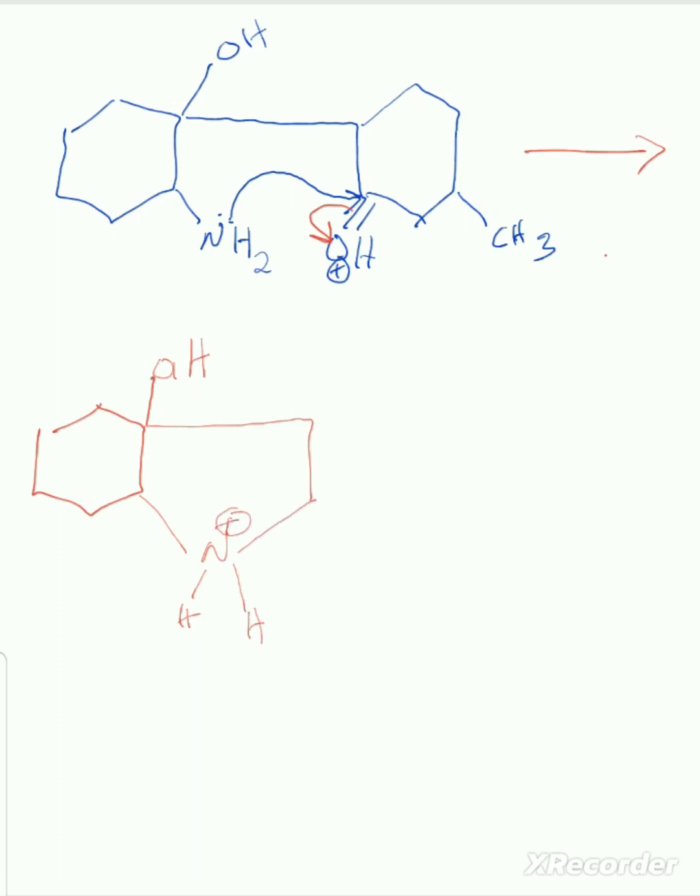Here I'm going to put a positive. Then here it will be OH, CH3. When I reach there, for you to remove this OH, you are supposed to protonate it, because when you're using an acid catalyzed reaction, OH is a bad leaving group. You cannot remove the OH there.